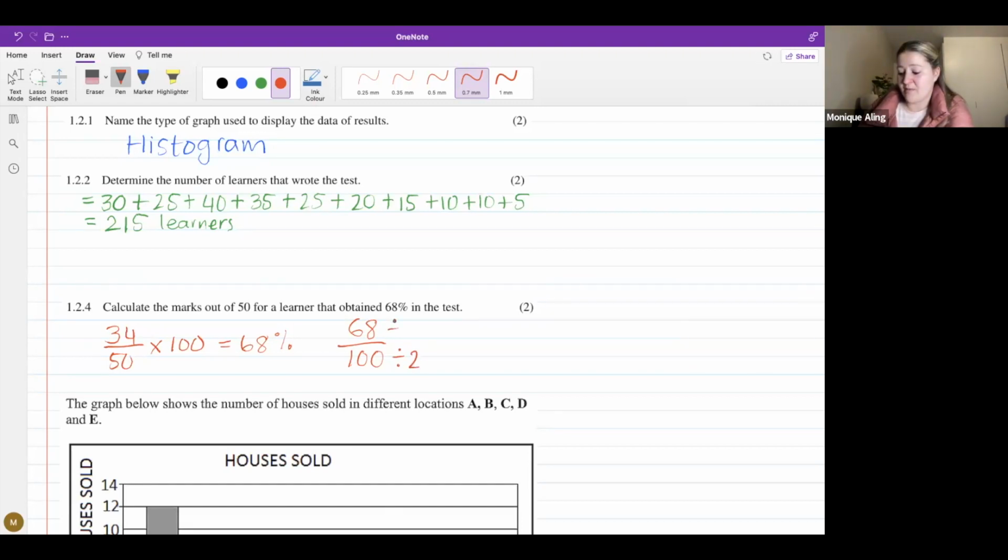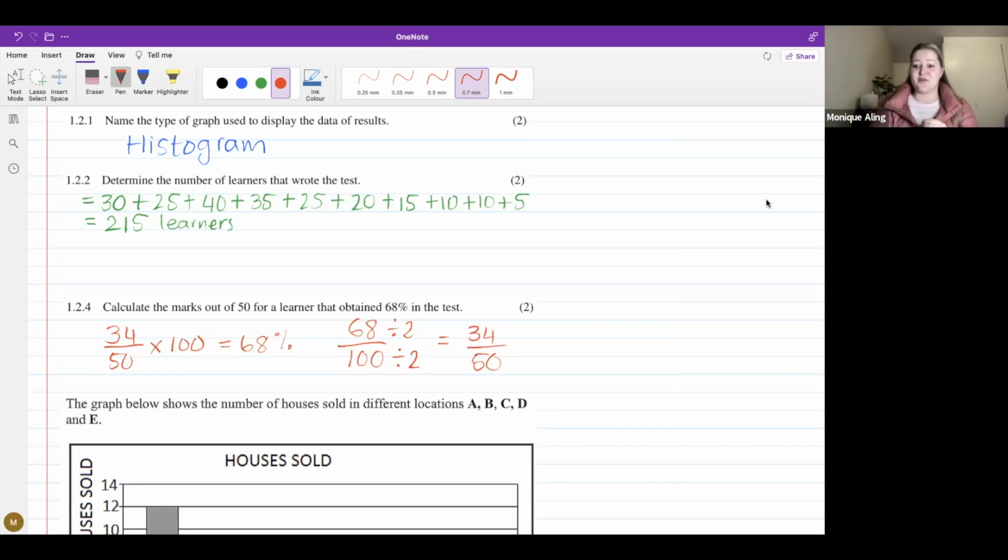What I do to the bottom, I do to the top. So that gives me 34 over 50. So all I did there was I took my percentage, made it a fraction. So percentage is always over 100. And then I made the denominator equal to 50 because that's what the test was out of. And I did the same to the top.